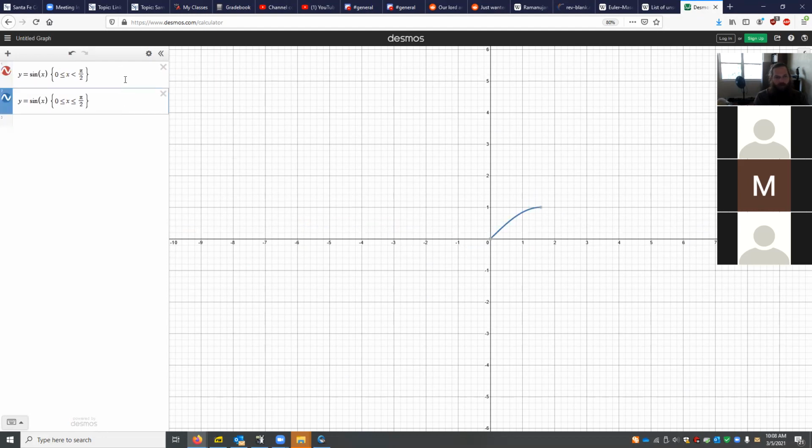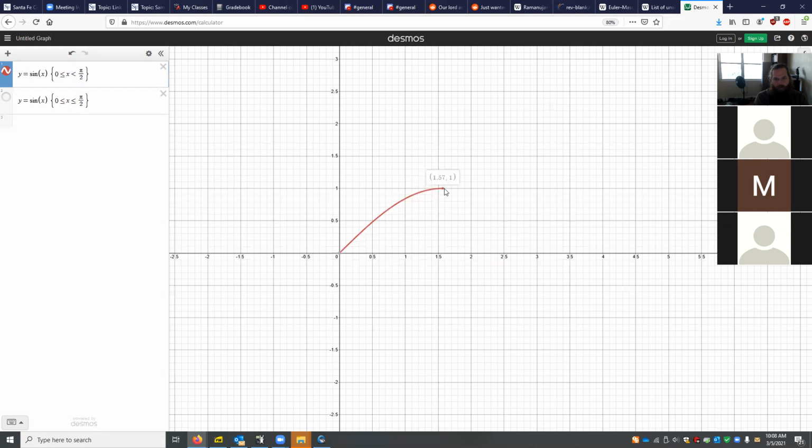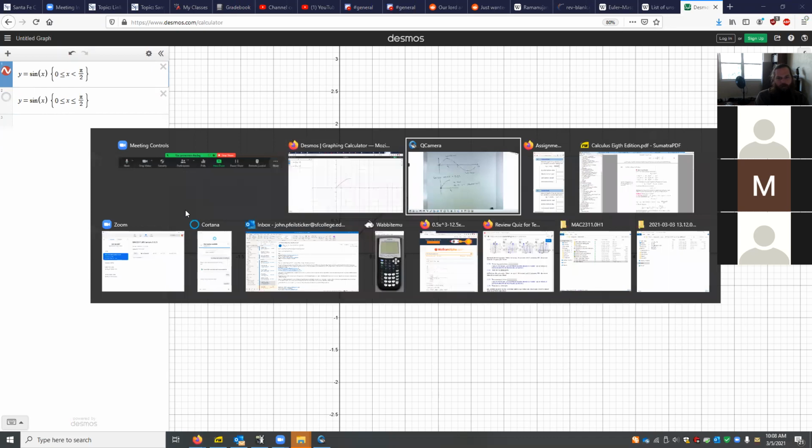Because one point is infinitely narrow. But if we turn this off and zoom in like that, oh no, even there, it's not going to do it. So we really can't see the difference. I guess that gray dot is kind of the difference, but it's frustrating how little a difference there is. It would not be obvious, I agree, just from that.